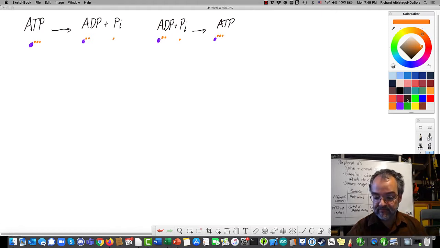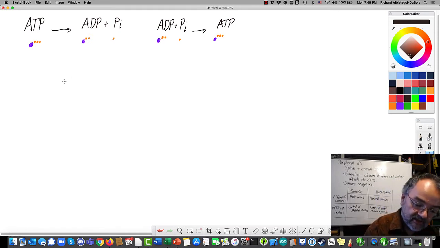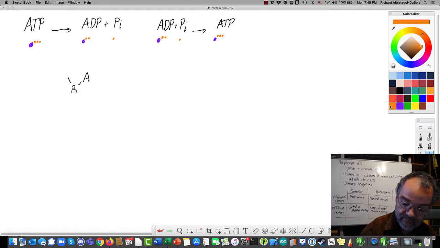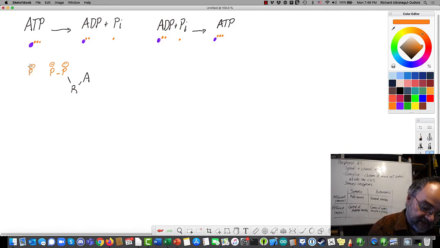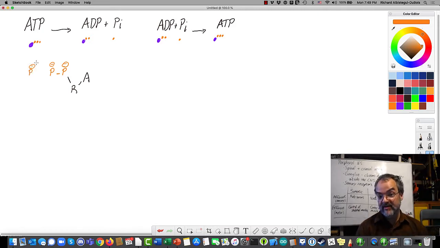Now, we've mentioned it before, but I'm going to mention it again. The reason that we get energy out of ATP is because we had to put energy into it to make it. So remember that if I've got my adenosine, my adenine on my ribose with 2 phosphates, those are carrying negative charges, and I bring in another phosphate carrying a negative charge, it doesn't want to go near those other phosphates.